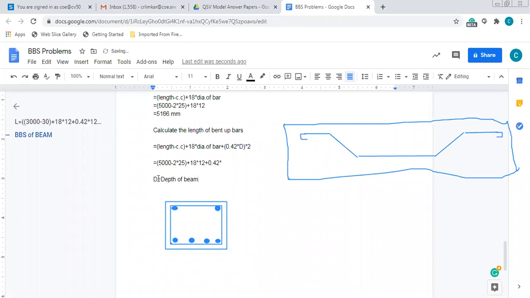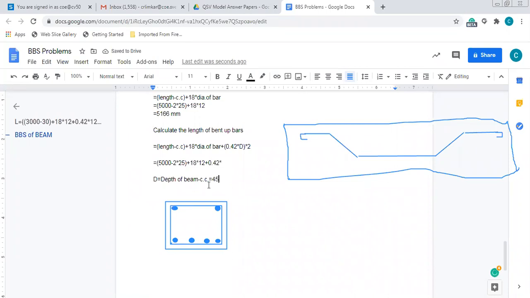As far as slab is considered, then there will be depth of slab. So depth of beam minus clear cover. Only this simple formula you have to use. That is clear cover for top minus cover for bottom, or you can write it as a difference of the clear cover. It is very simple.